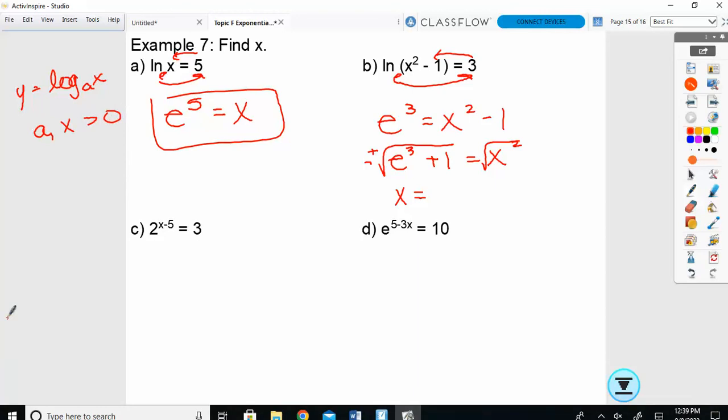Y could be anything. Because in exponential form, can't you plug in any number you want for the exponent? But the base and the argument have to be positive. So, could this be a negative here for my x? No. You said no.